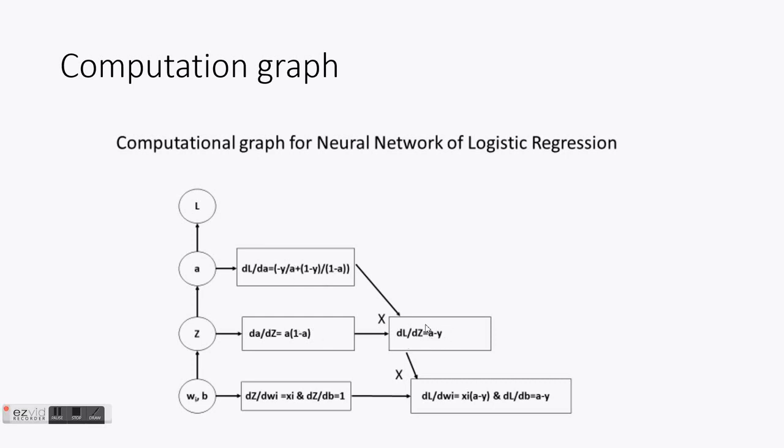I will get A minus Y. Similarly, for dz by dwi and dz by db, I will get these. But now if I want dL by dwi, I just need to multiply this with this and I will get dL by dwi and dL by db, the equations which I will use.